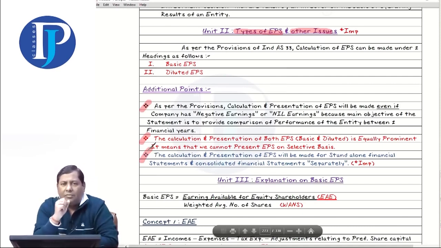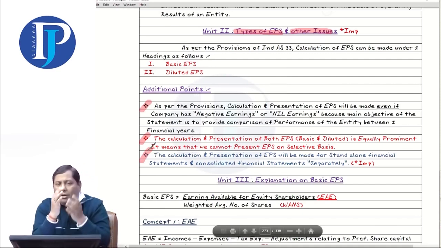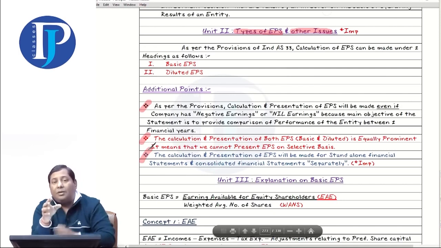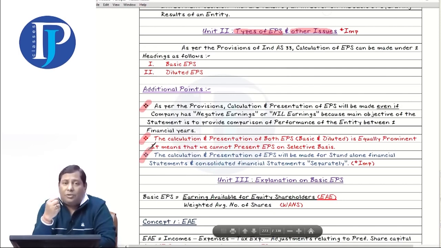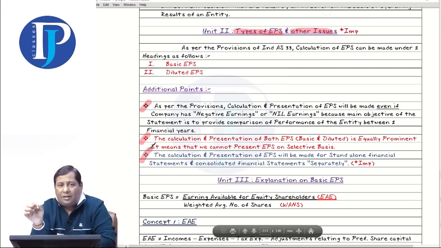Point number 1. Earnings per share does not mean that the company will make a profit and only then it will show EPS. The company's profit level might be 0, it might be negative, or suppose its profit level is positive. Whether the company is in loss, profit or at 0, you have to report earnings per share.